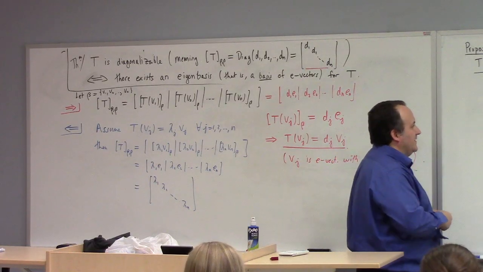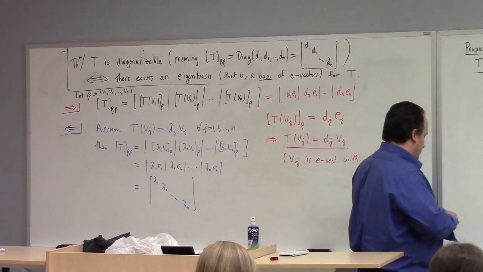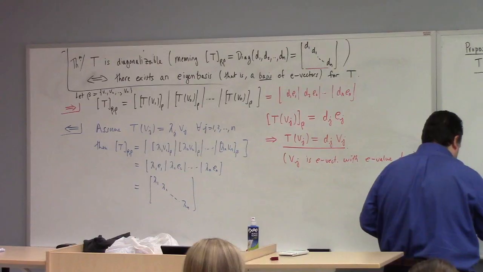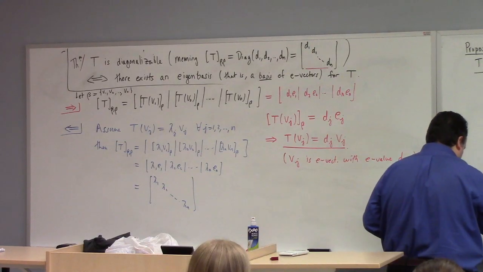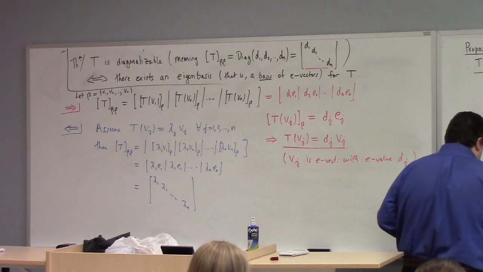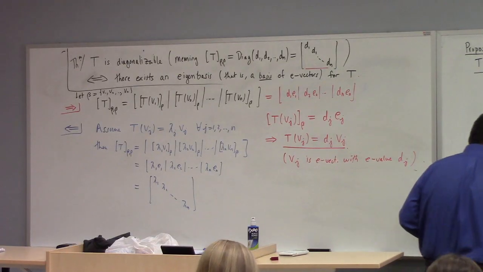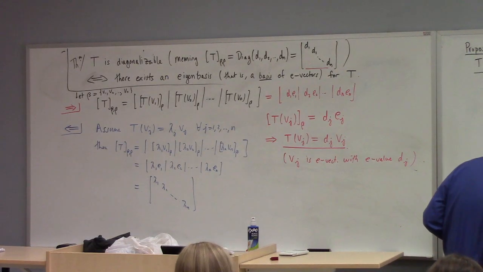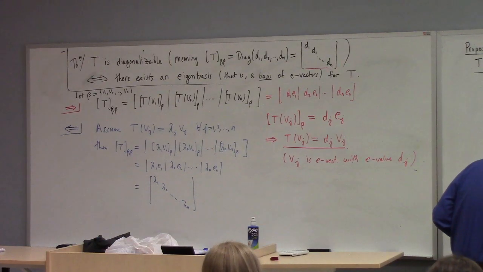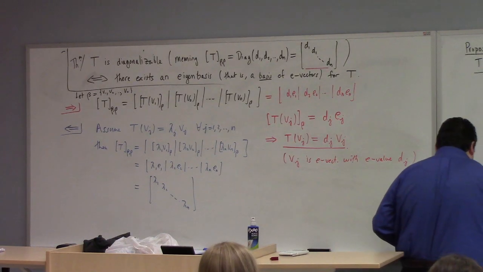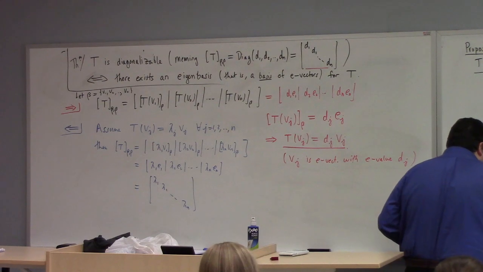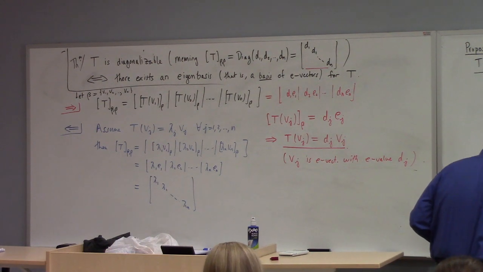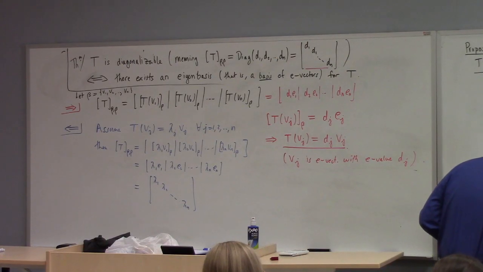Okay, so probably I should say something along the lines of a remark: we say lambda equals alpha plus i beta, with beta not equal to 0, is a complex eigenvalue. All right.